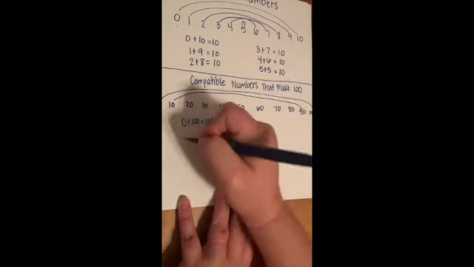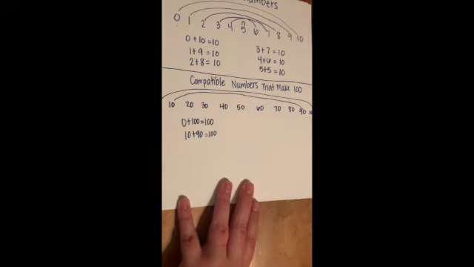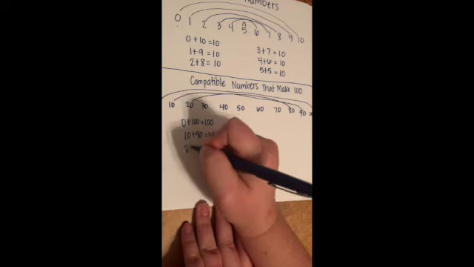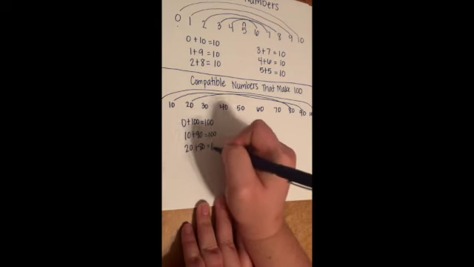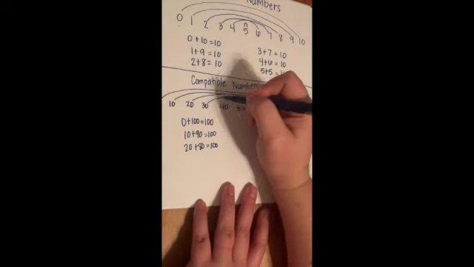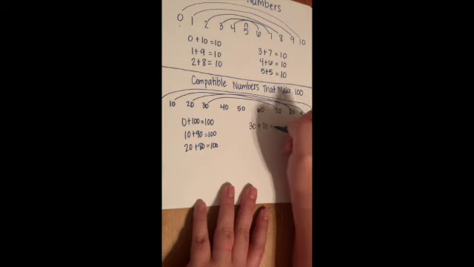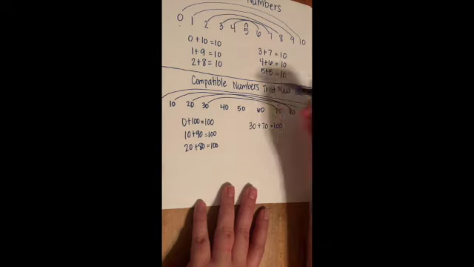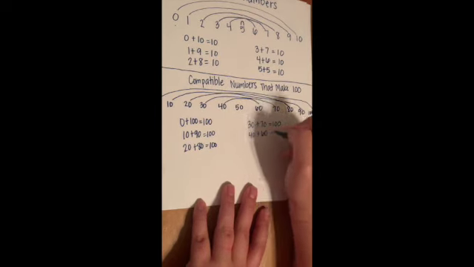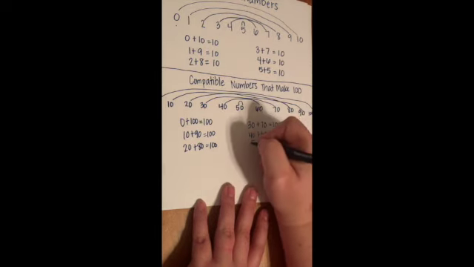10 and 90, those equal 100. 20 and 80, those equal 100. 30 and 70 equal 100. 40 and 60 equal 100, and 50 plus 50 equals 100.